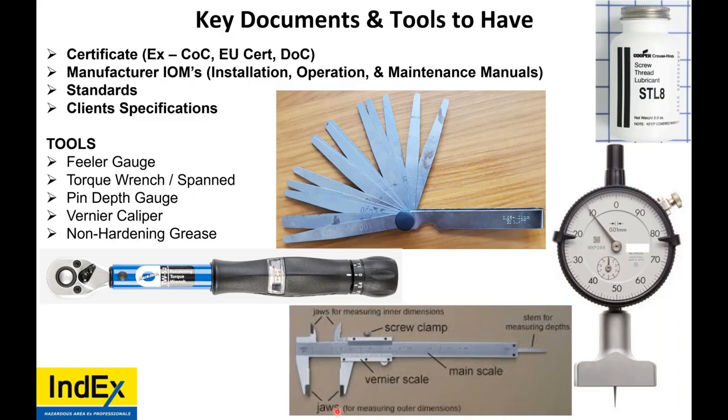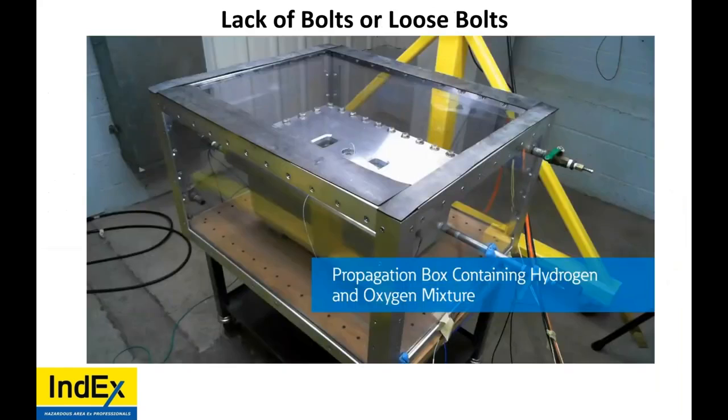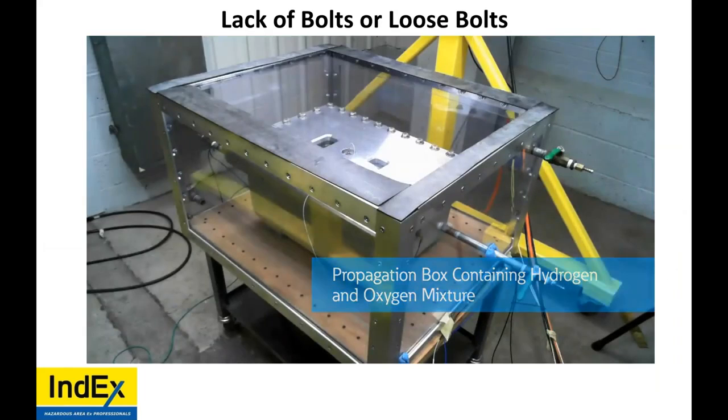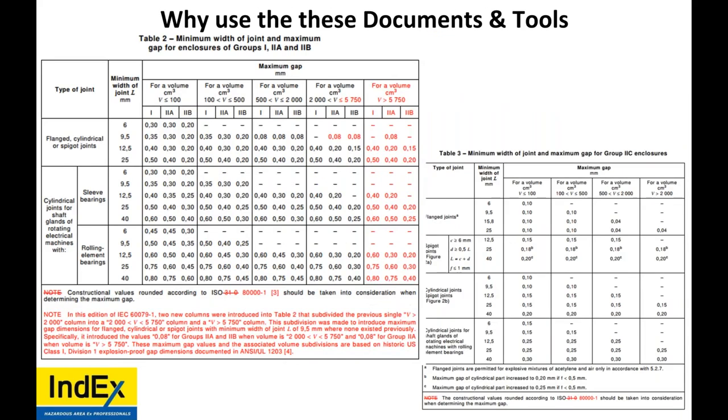Checking the width of the flame path, you would use the vernier calipers. And if there's any scratches or dings within the flame path, you would use a pin depth gauge. And the resource of information you would use is the certificate, the manufacturer's IOMs, and directly out of the standards, because all this information is called for.